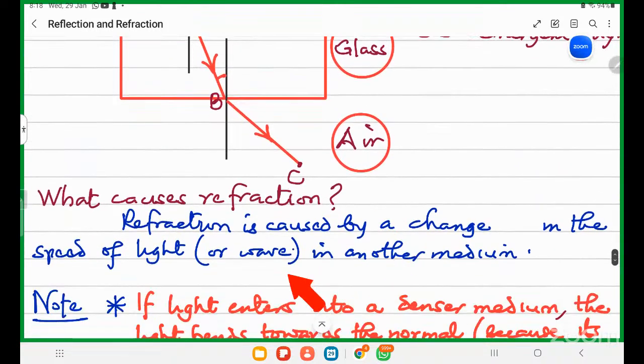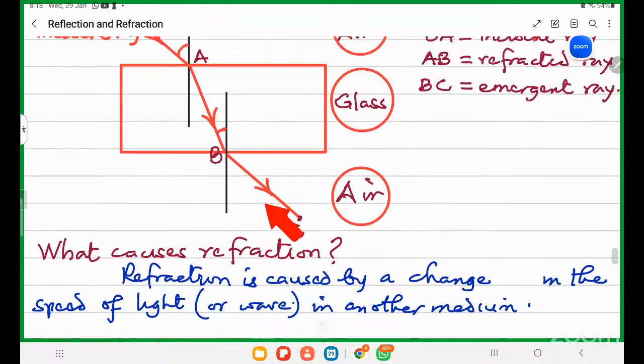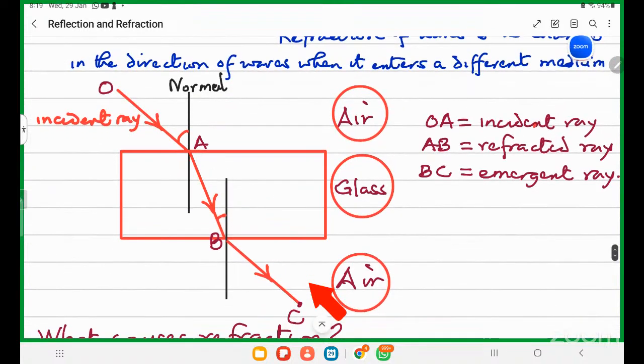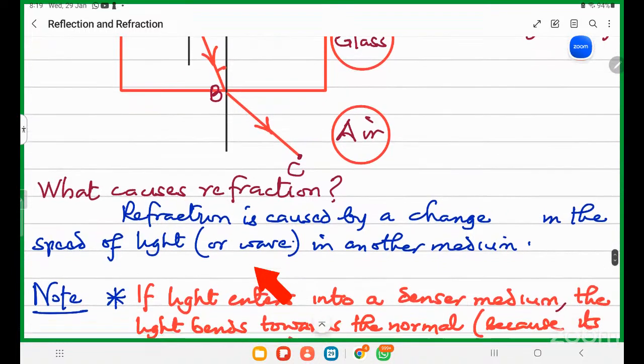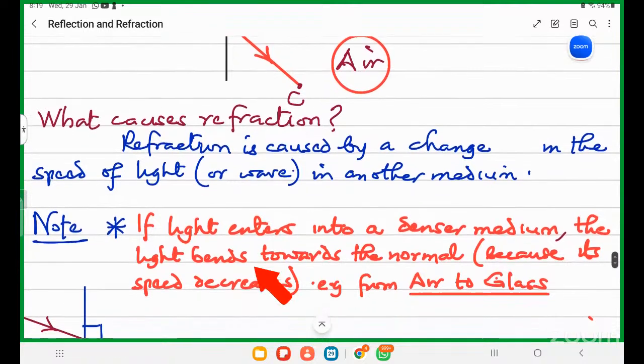Then the next question has been posed, and the next question says, what causes refraction? Okay, what actually causes the bending of the light when they encounter different media? So now, refraction is caused by change in the speed of light, or change in the speed of the wave generally in another medium. So we have to note something.